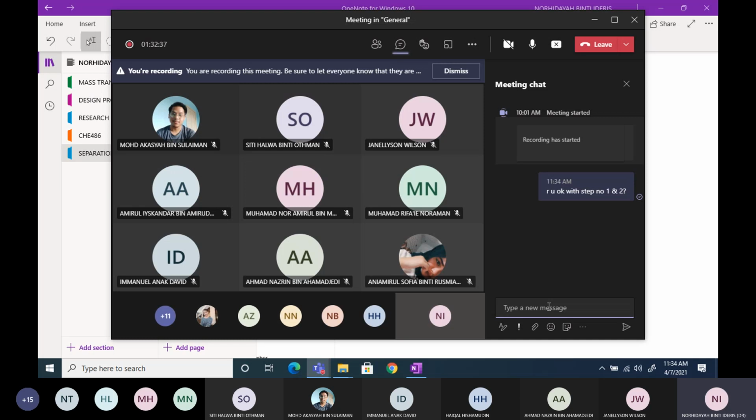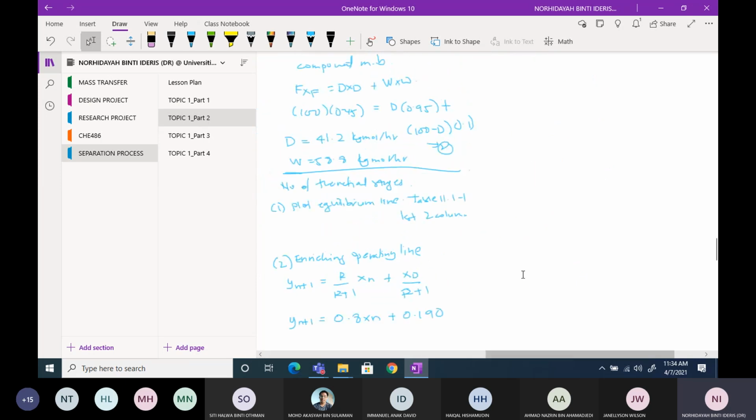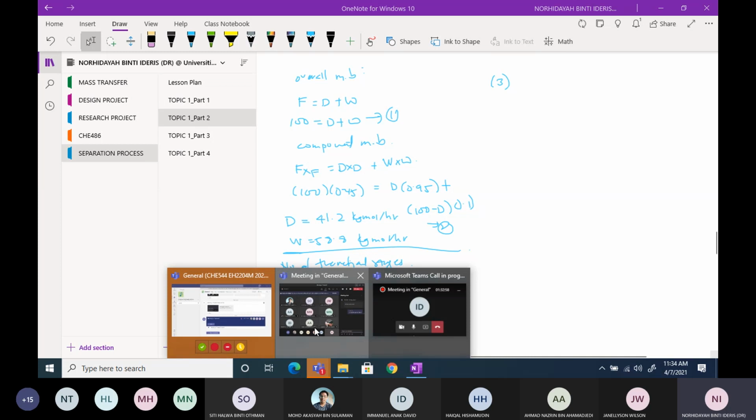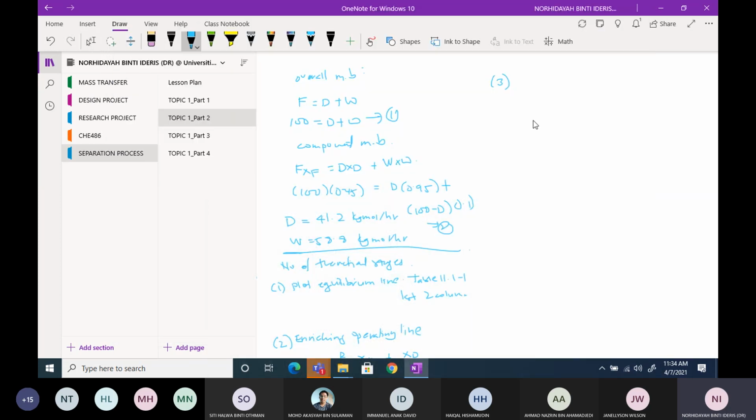Okay, so the next step is we need to draw a q line. Let's say we go to step number 3 here. Okay, q line.